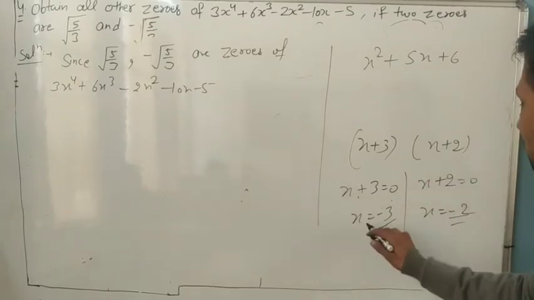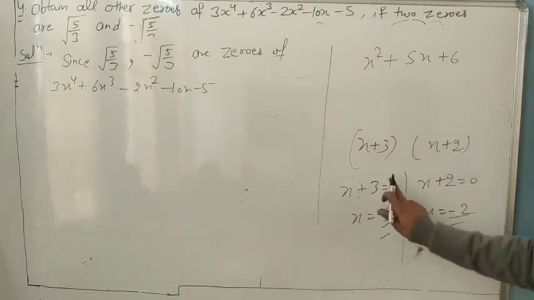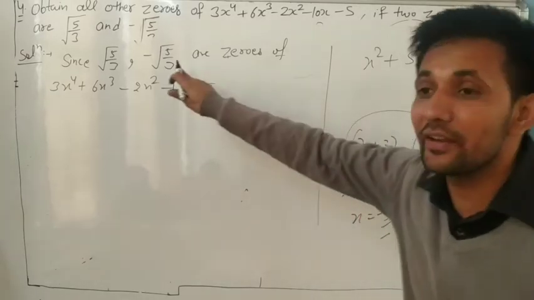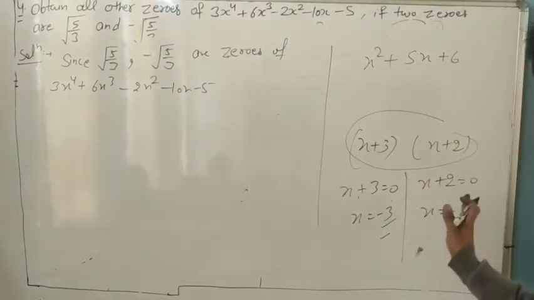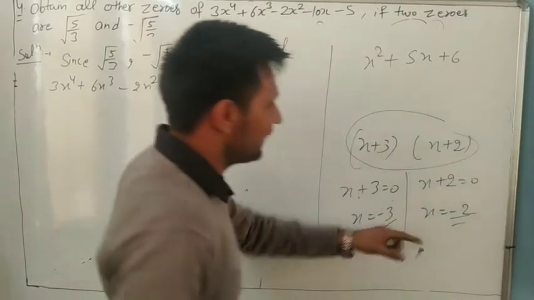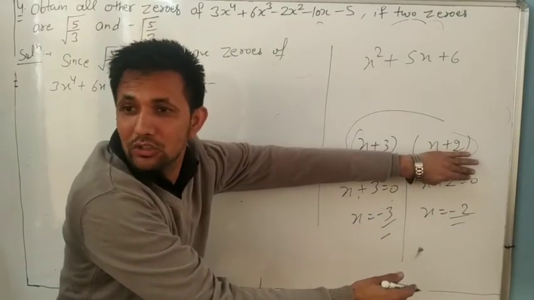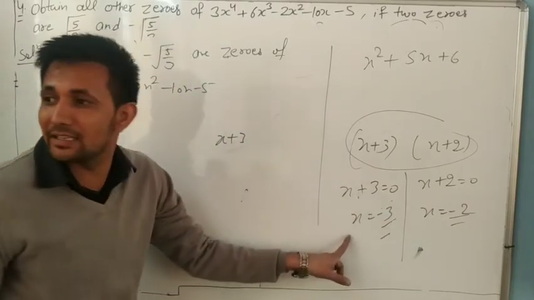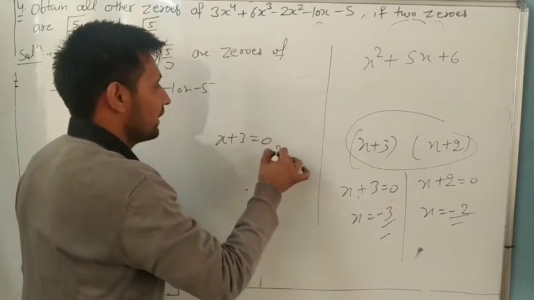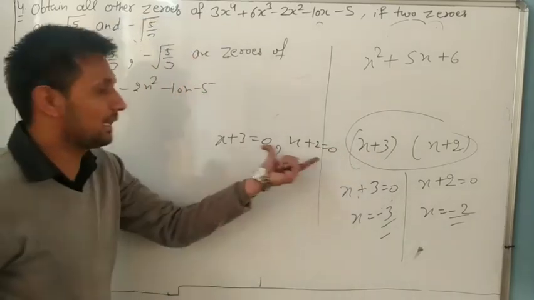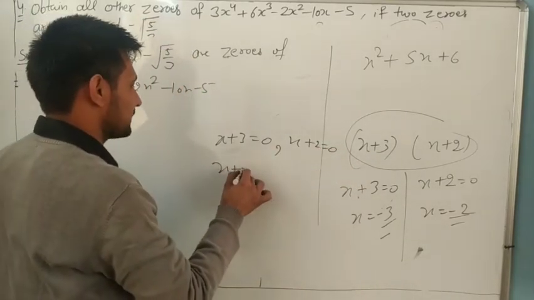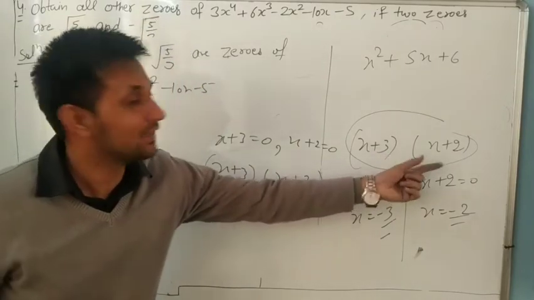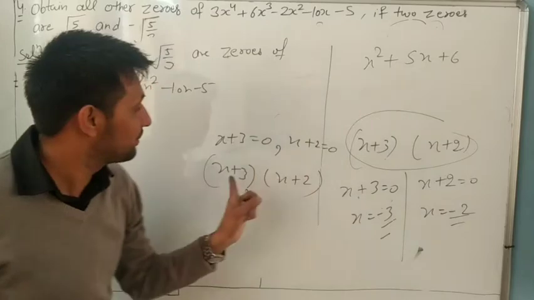So x plus 3 into x plus 2 are the factors. Factor or not? Do you understand it? If minus 3 and minus 2 are zeros, x plus 3 is 0 and x plus 2 is also 0. Multiplication of two numbers is 0, which means x plus 3 multiplied by x plus 2, and we know both are factors of this one.